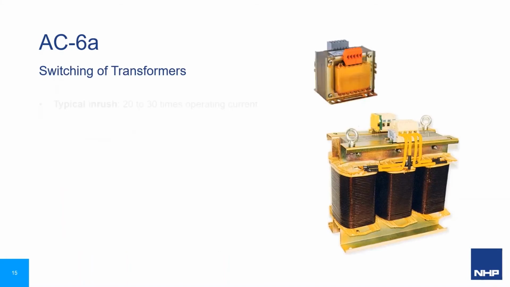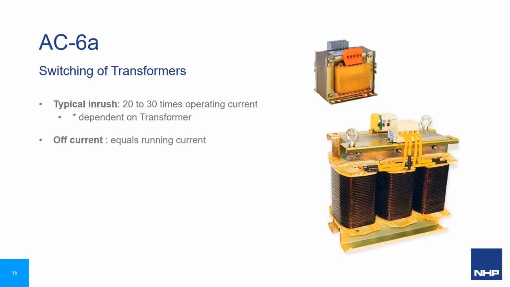When a low voltage transformer is switched on, there is a short-term inrush current surge from energization of the magnetic field. The peak surge inrush currents vary with the transformer construction and voltage phase angle, but can be up to 30 times the transformer rated current.